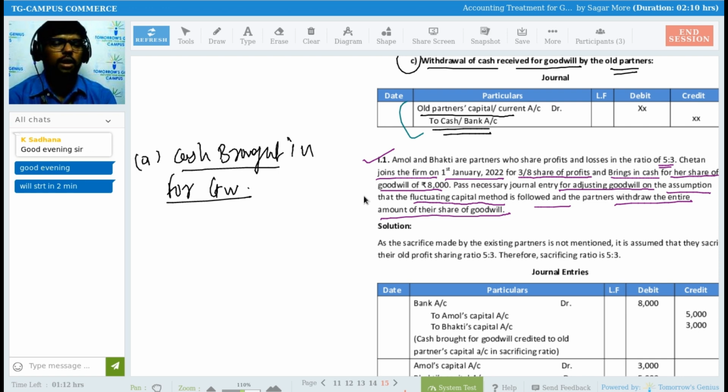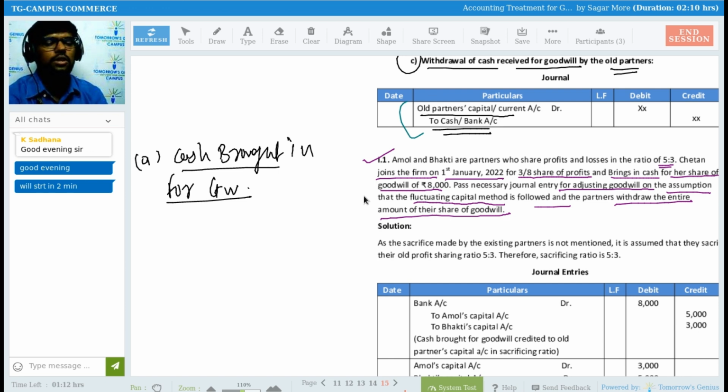If you calculate, then which case will you apply when the new PSR is not given? There are A, B, C, D cases. Which case are you going to apply if you wish to calculate the sacrifice ratio? A case was when share sacrificed is given.